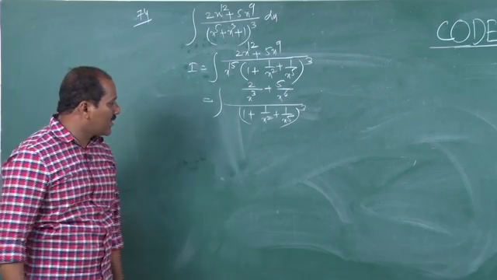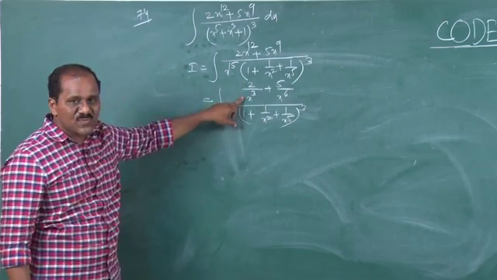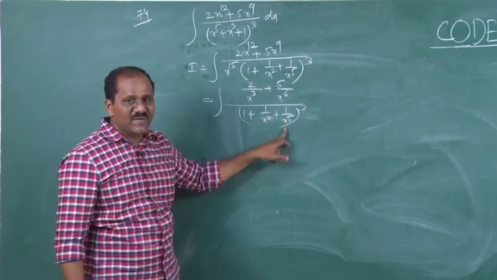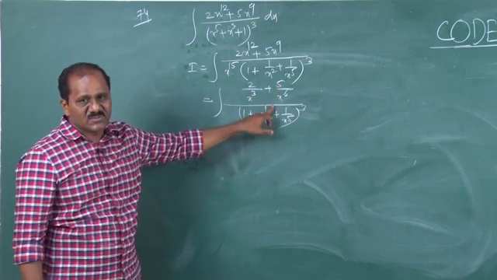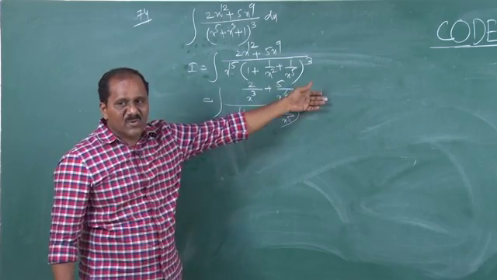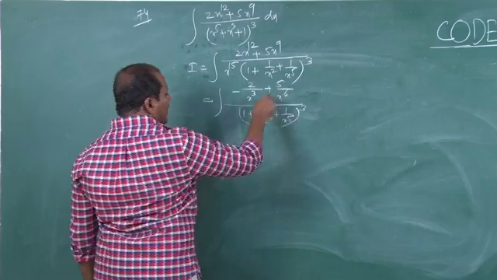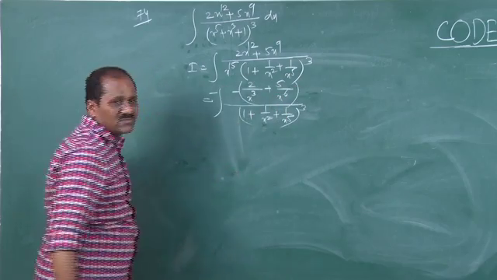Now see this remaining quantity: derivative of 1 is 0, derivative of 1 by x square is minus 2 by x cube, and derivative of 1 by x power 5 is minus 5 by x power 6. So, when you bring the denominator to the numerator, we get f of x whole power into f dash x. For that purpose simply multiply with minus and put the minus sign outside.